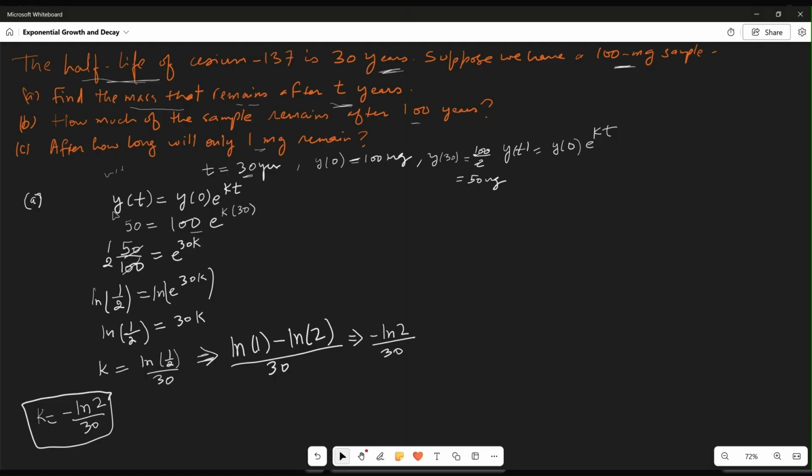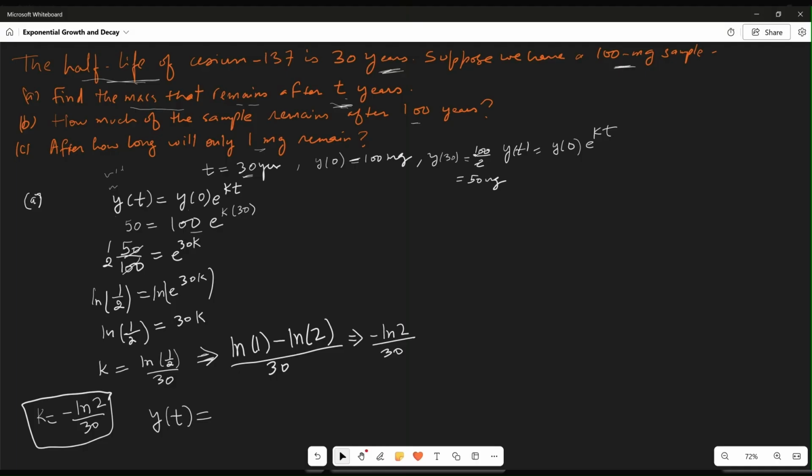This is why it was better to write m instead of y, as we replaced the y with p in the population one. So however it works for you guys. Okay, so the equation we have now is y of 0, the initial, the mass that remains after t years. We are asking about the years here.